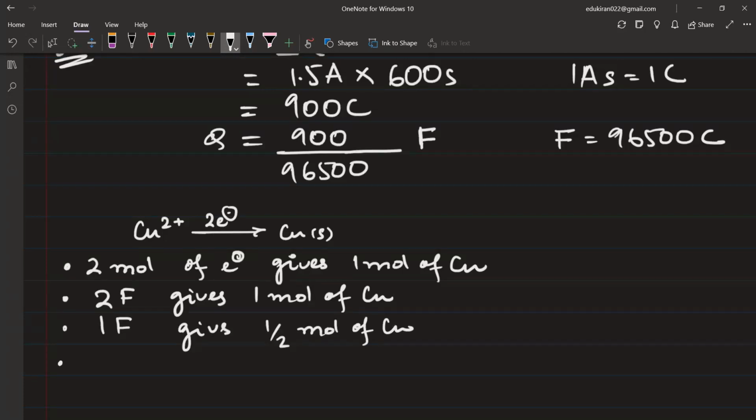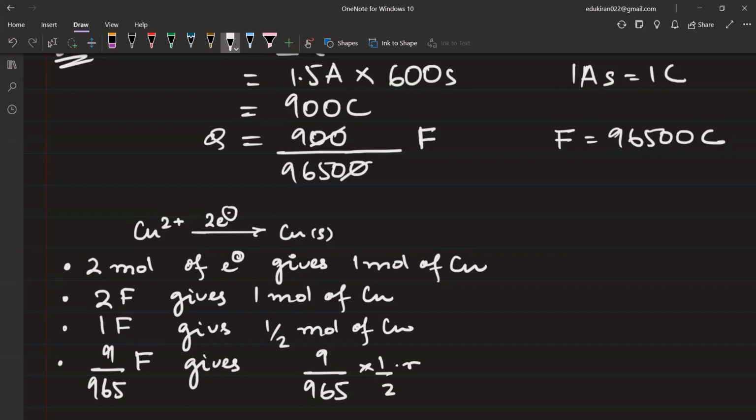And this much Faraday, 900, okay, we can write it like this one. Or let's simplify it. This 20 will be cancelled. So we'll have 9 upon 965 Faraday gives 9 upon 965 into half mole of copper. Okay.